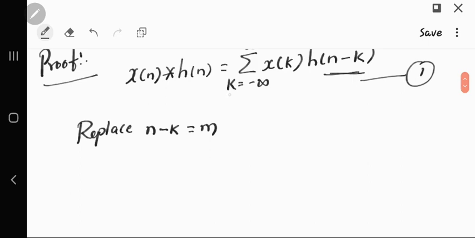Since k is varying from minus infinity to plus infinity, the limits must be changed.